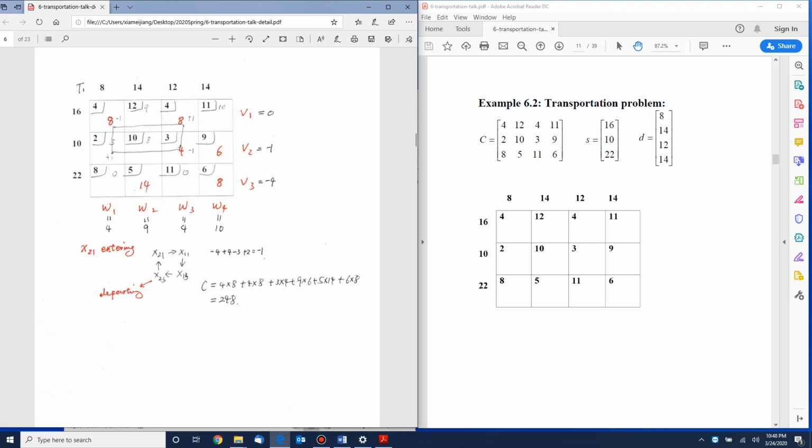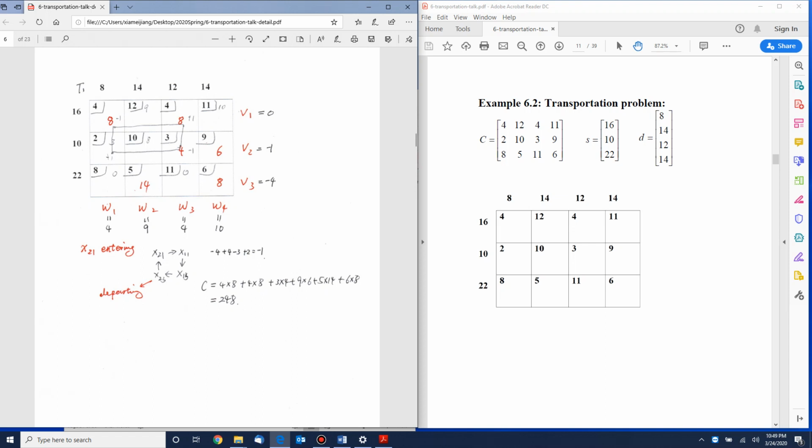In the tableau, you could see that all the dual variables v1, v2, v3, and w3, w4 appear twice, right? Because whenever xij is a basic variable, then we have vi plus wj equals cij.